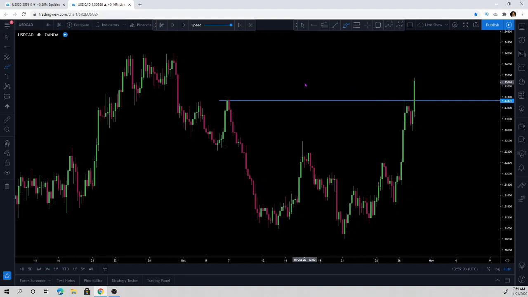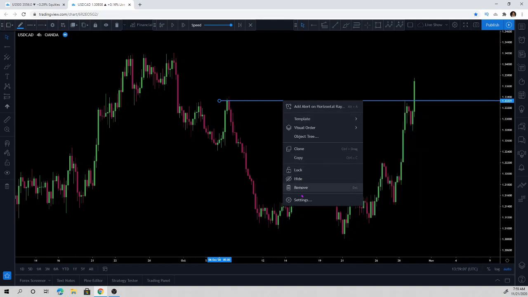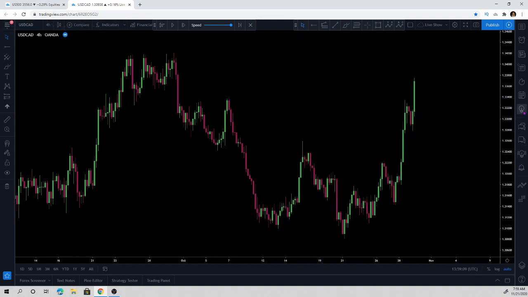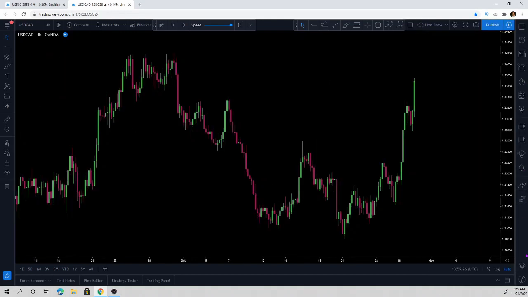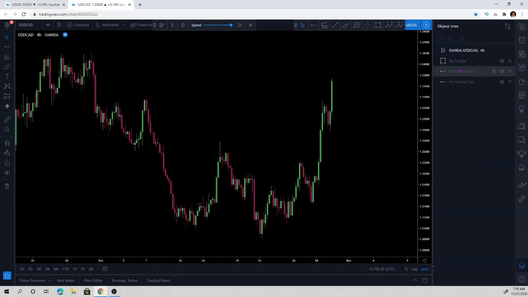So what is it that we need to do, right? Let me go back again and look at where my drawings are. Well, it doesn't matter. Object 3. Here it is.